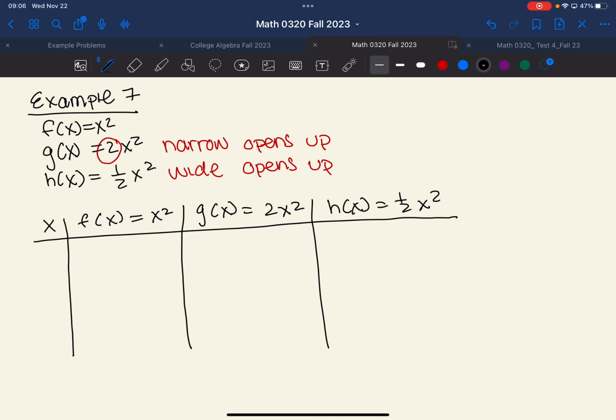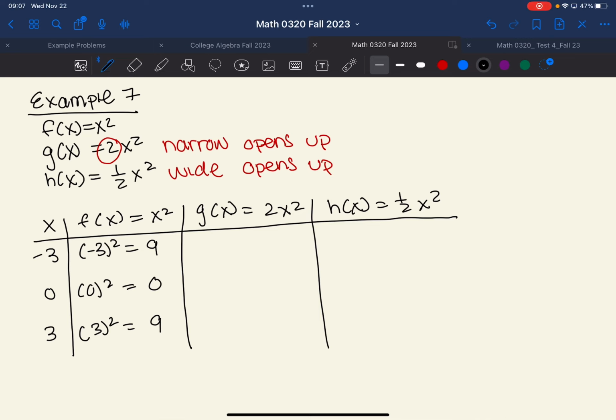And then to show you that you could use any numbers here, I'm going to go ahead and use -3, 0, +3. Okay. So if I'm looking at my parent function, I have -3 squared, which is 9, 0 squared, which is 0, and 3 squared, which is 9. Again, I'm showing you that you can use any numbers as long as you have a negative, a 0, and a positive number.